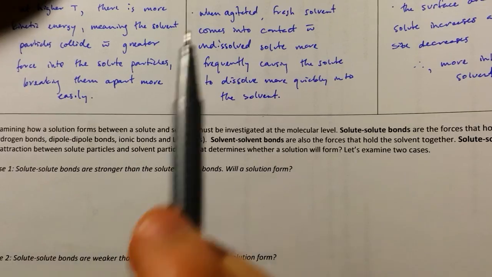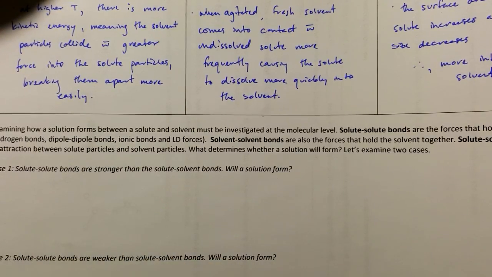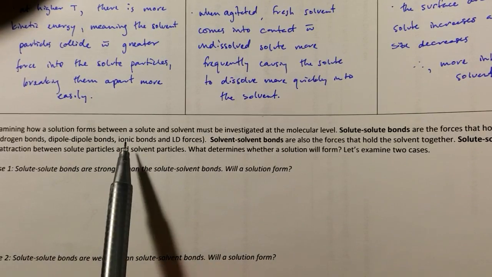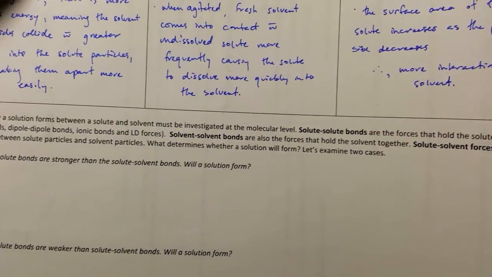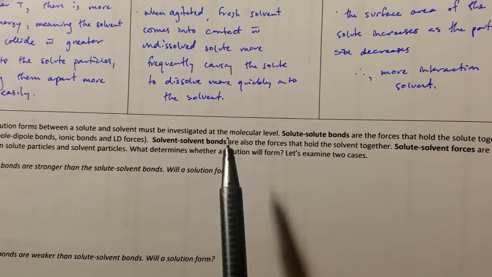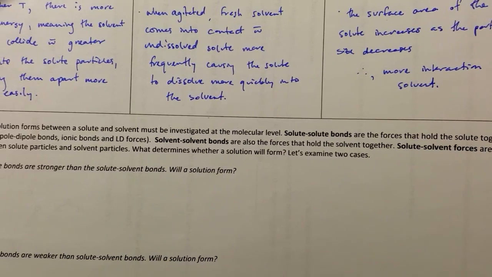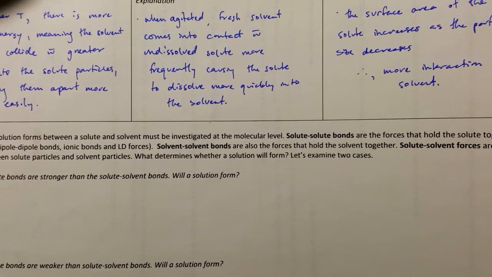Or for example, what holds table salt together? Well, that would be the ionic bonds, right? Solvent-solvent bonds are also the forces that hold the solvent together. For example, what holds individual water molecules together in liquid water? Well, that would be the hydrogen bonds.